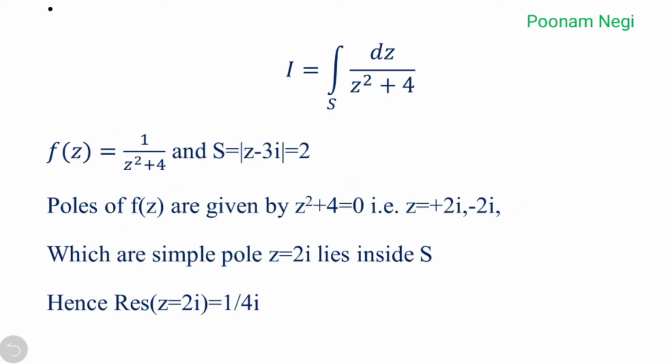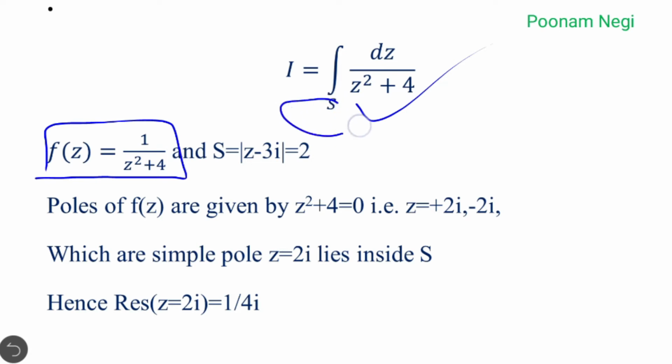The first step to solve this is to find the poles of this function. This function f(z) equals 1 upon z squared plus 4, where the circle is defined by mod of z minus 3i equals 2.